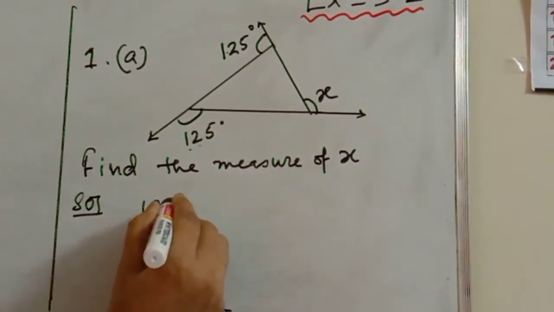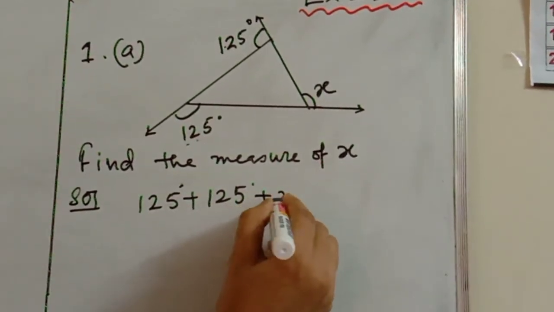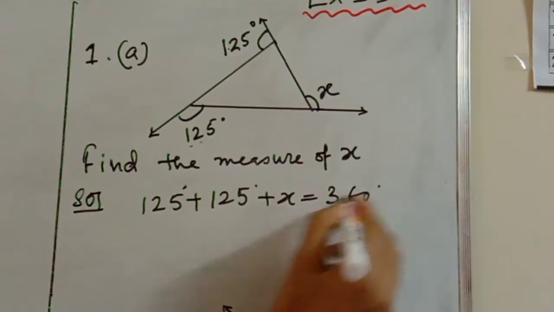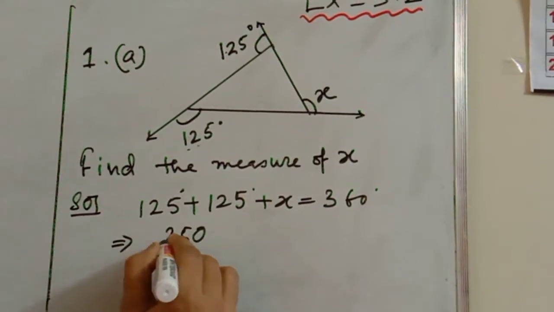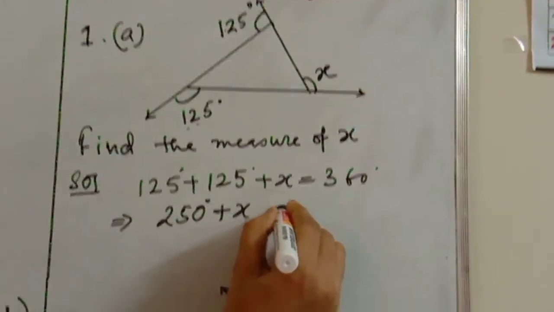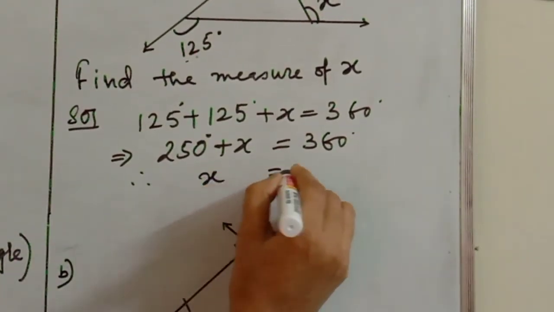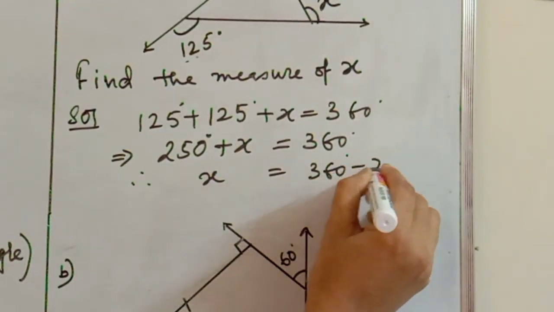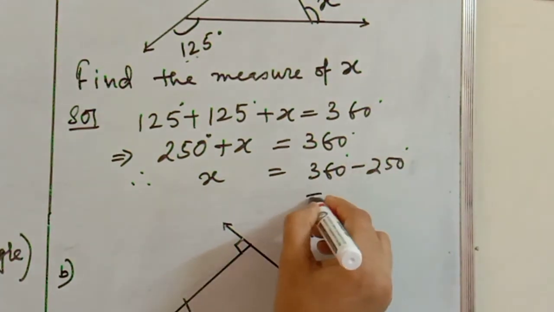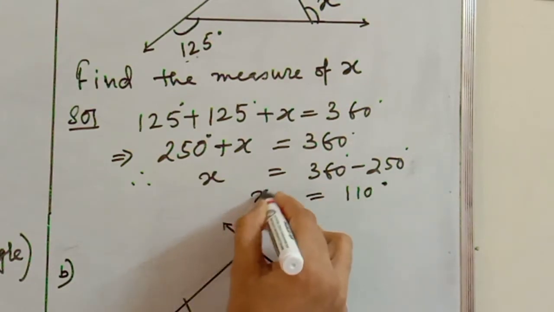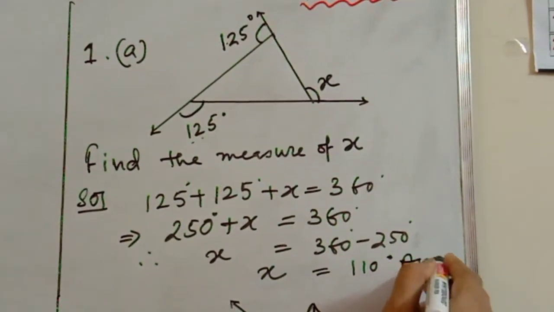So 125 degrees plus 125 degrees plus x is equal to 360 degrees. 250 plus x is equal to 360 degrees. Therefore, x is equal to 360 minus 250, which is 110. Therefore, x is equal to 110. This is the value of the unknown angle.